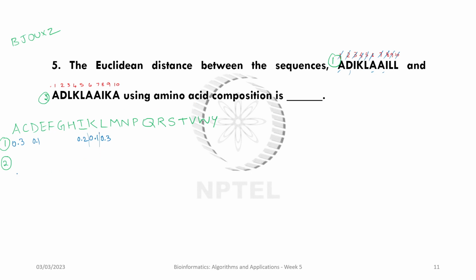All right. Now coming to the second sequence. We have A at 1, 2, 3, and 4. So we will try 0.4 here. D at a single position, 0.1. And then L, only one place. So L is 0.1.